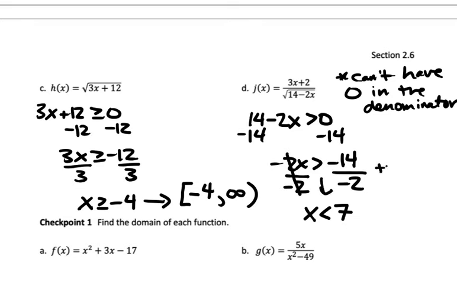So that's the other key here, is to flip. So, writing this in an interval, if x is less than 7, that means 7 is the biggest number, and so my interval would go from -infinity up to 7. Use a parenthesis around the -infinity and a parenthesis around the 7 because it can't be equal to 7. It's strictly less than. So this would be the interval notation for this domain.